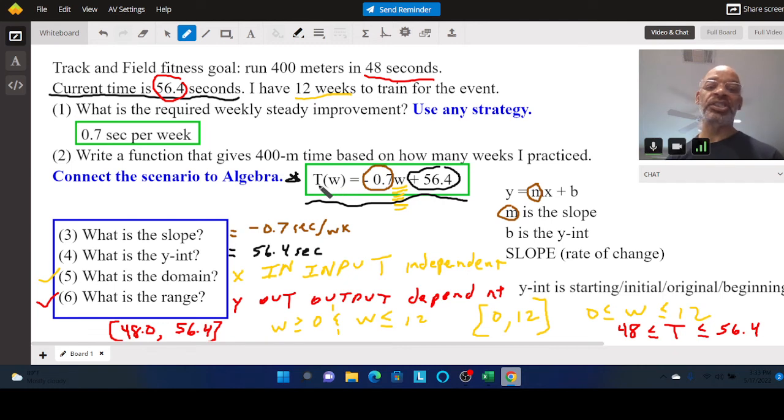Again, that's the function t based on w equals negative 0.7 times the weeks that we input plus the initial value of time, which was 56.4. This left-hand side of the function before the equal sign, there is no math or algebra to perform. That's just the function t based on the input values w. So that's describing the function. The output will be t, the input will be w.